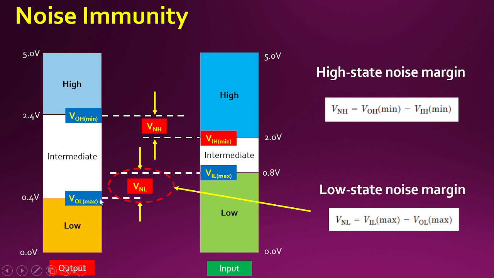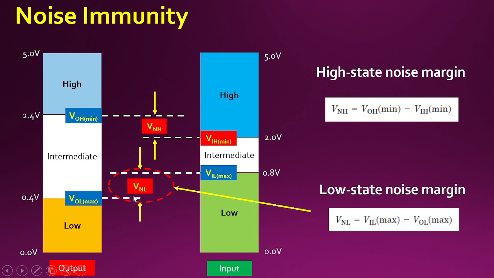So when it is connected to the input of another TTL, somehow if the voltage increases, say from 0.4 to 0.5, then again the input profile says it is valid till 0.8. So again here we can see there is a margin of 0.4.